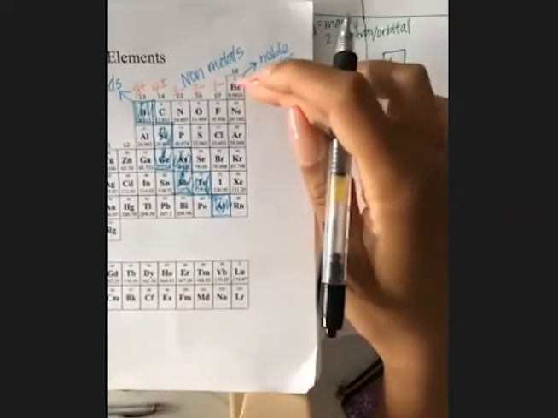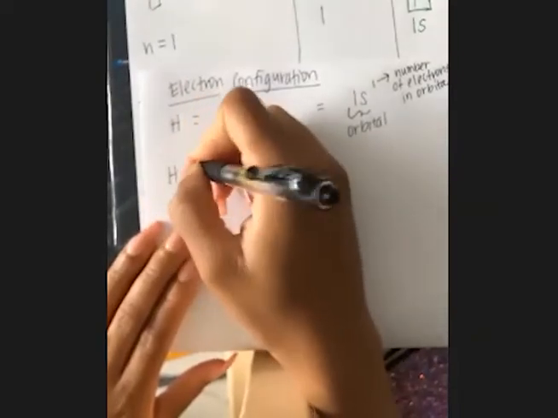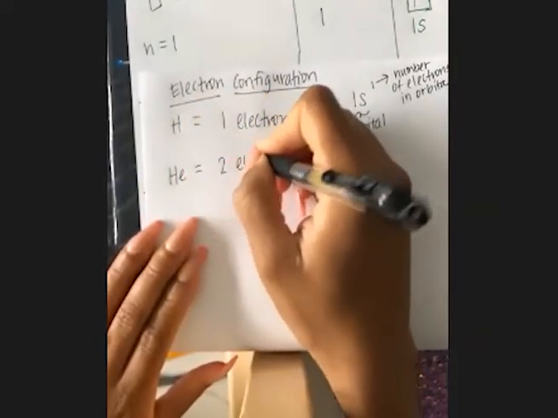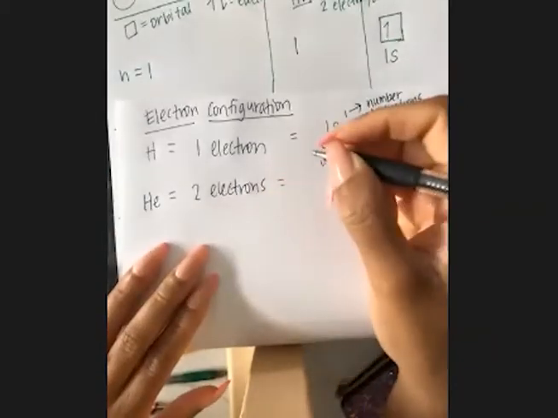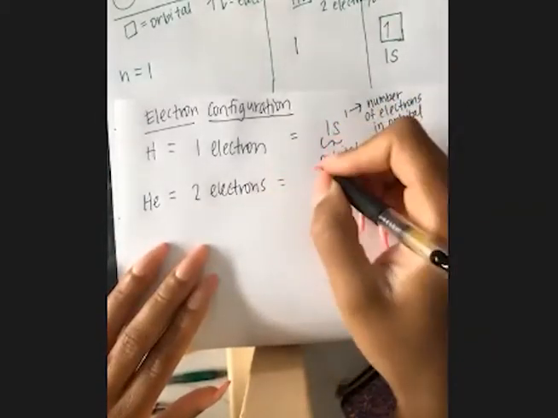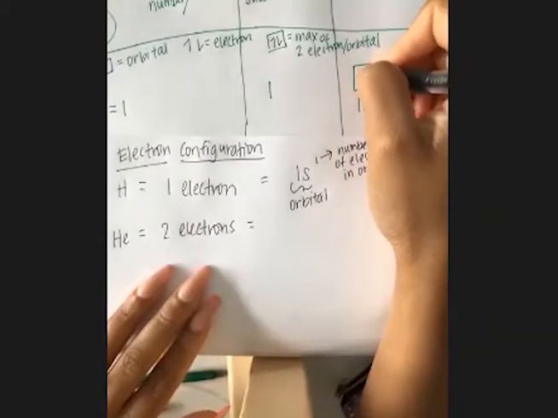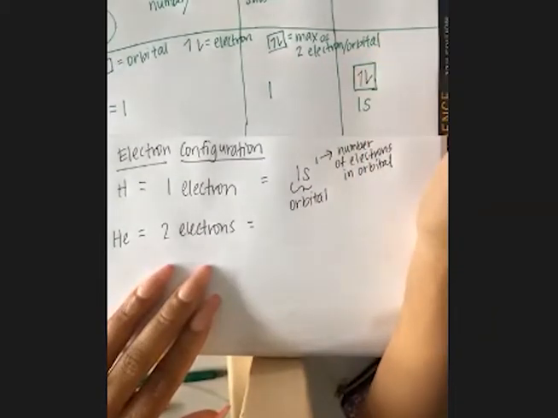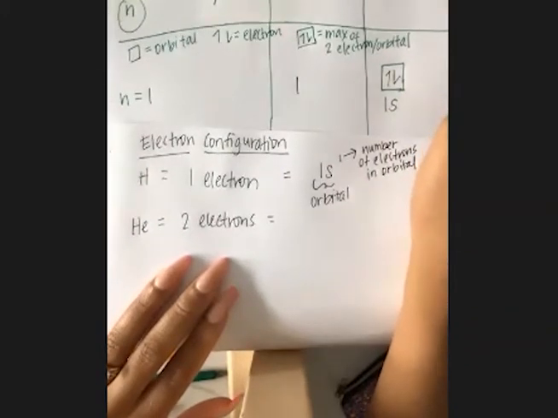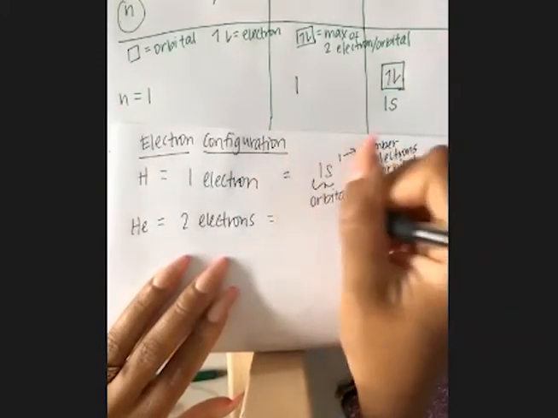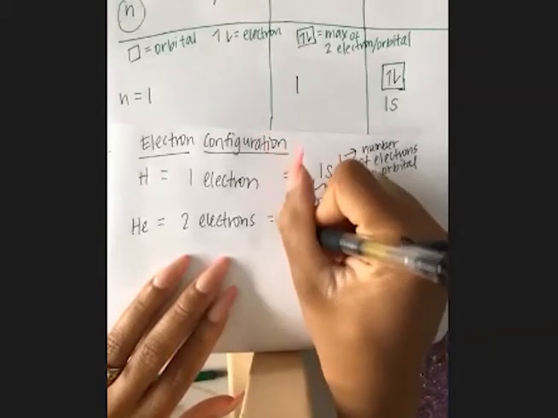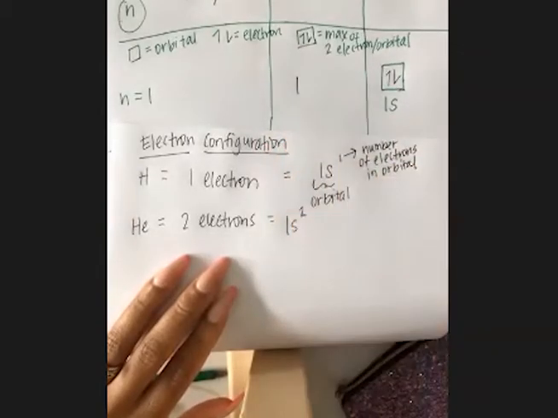Remember, He is number 2. It has 2 electrons. If I just draw another electron here, I'm saying those 2 electrons for helium are still in the 1s orbital, but now there's 2 electrons there.